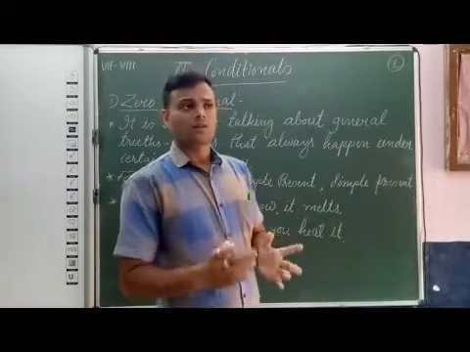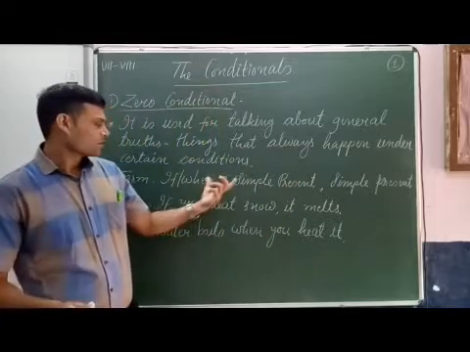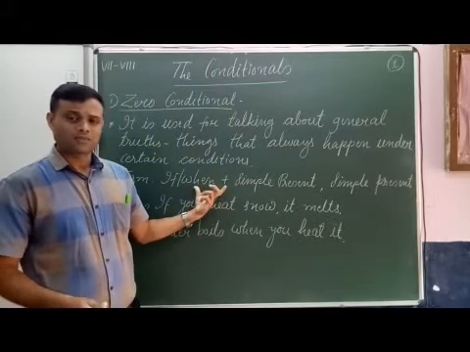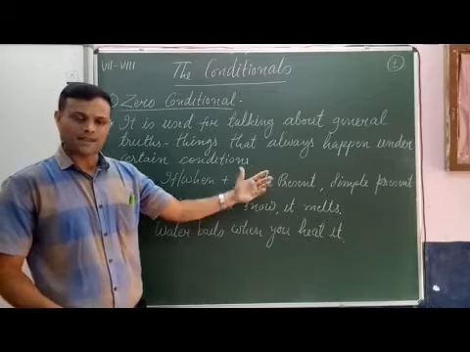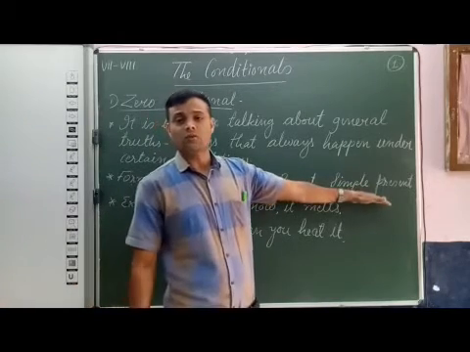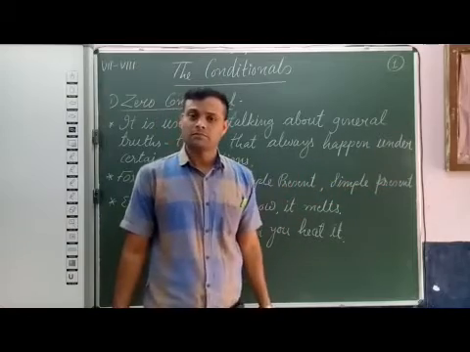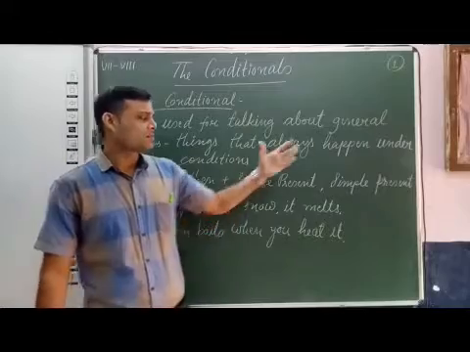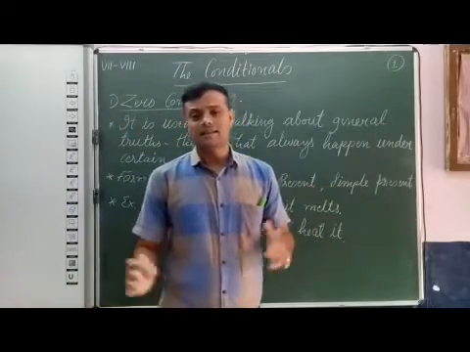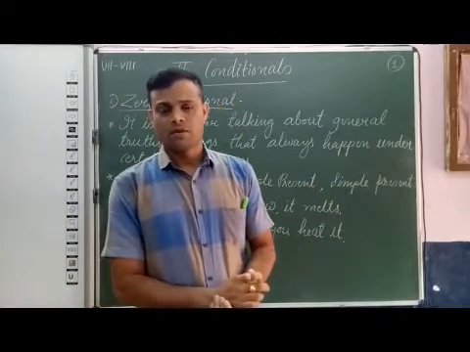Students, the form of zero conditional: if or when and simple present tense, that is one clause, and in the second clause also we use simple present tense. The if or when clause is the subordinate clause, and the other clause is the main clause.